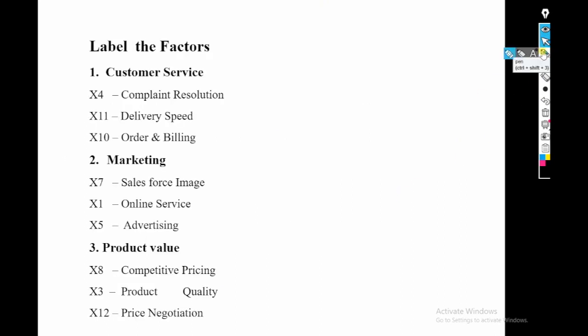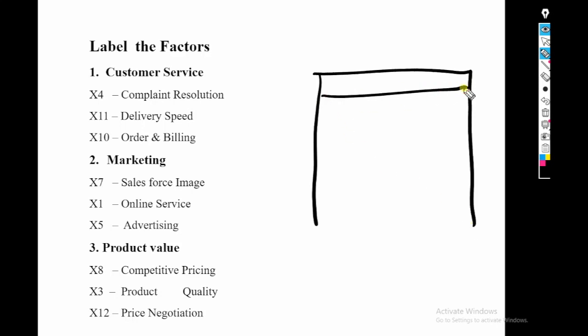Okay, label the factors. In this case study we can take the labels of the factors. In this factor matrix you can see the variables and factors f1, f2, f3.